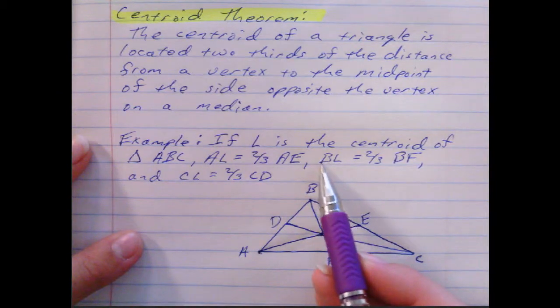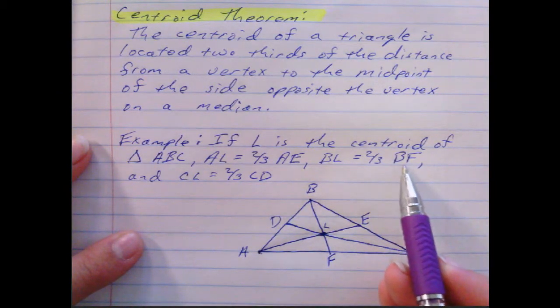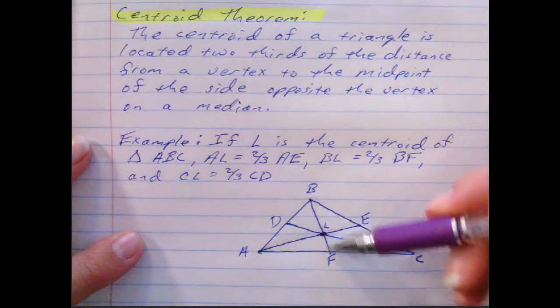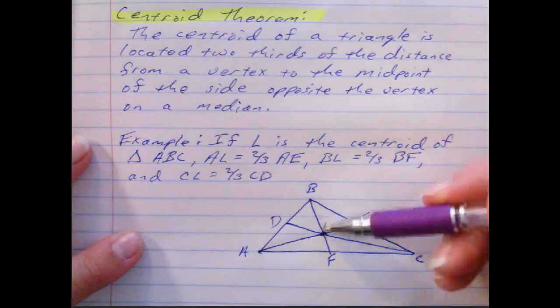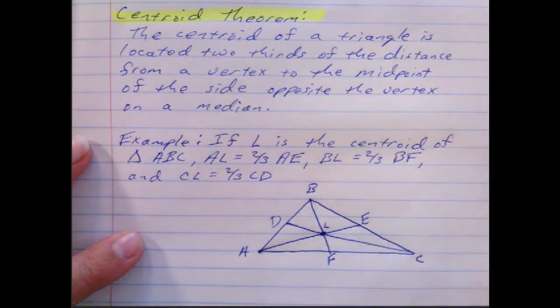Or we could also write it this way: BL equals 2/3 times BF. 2/3 of this whole distance makes this piece, so this little one left is going to be 1/3. Alright, let's try an example with that one.